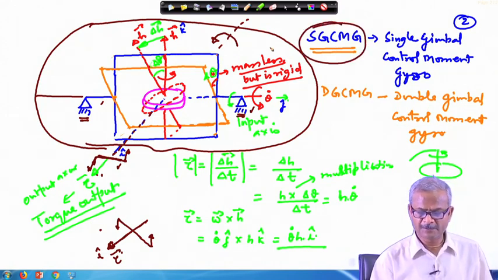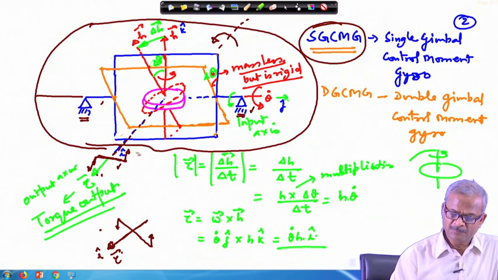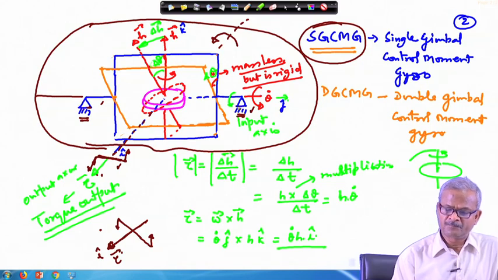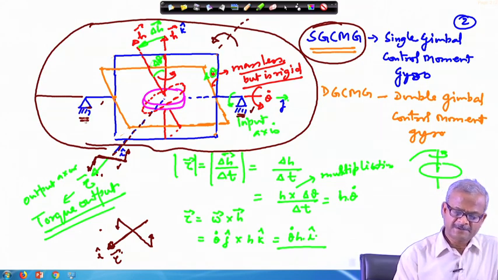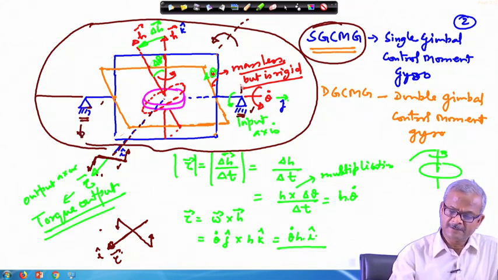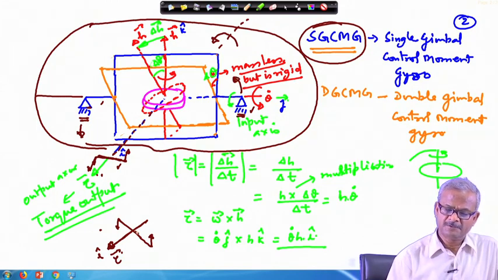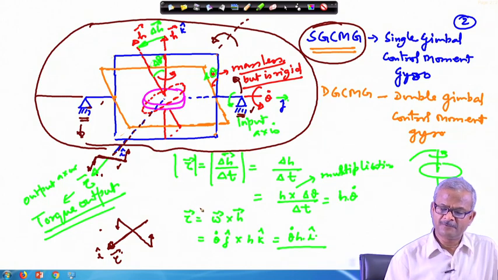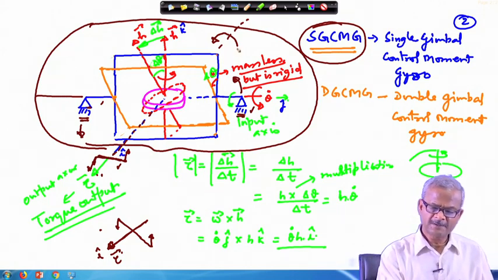In the double gimbal control moment gyros, I hope this is clear, because of this constraint, okay, this is a rigid constraint. So, it is not free to rotate, this cannot go down and this cannot go up, and therefore, it cannot rotate about this axis.